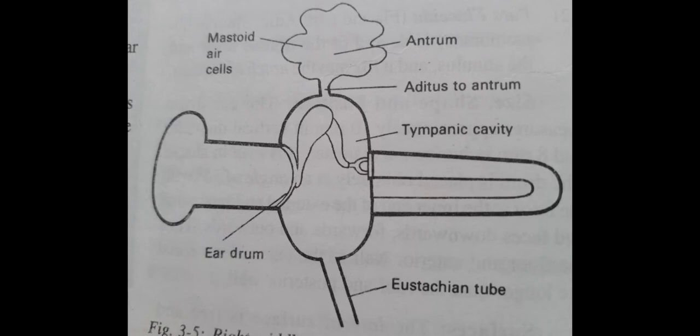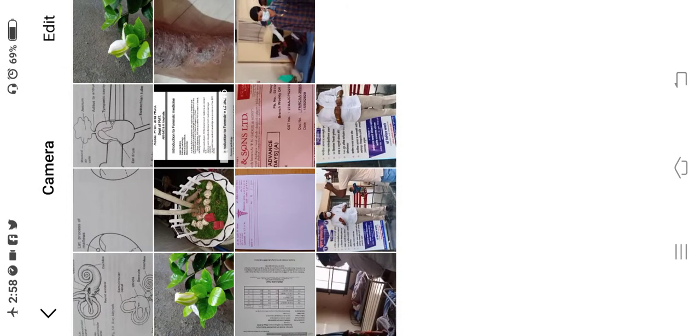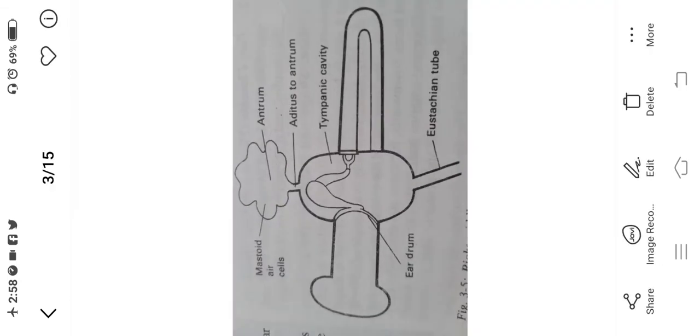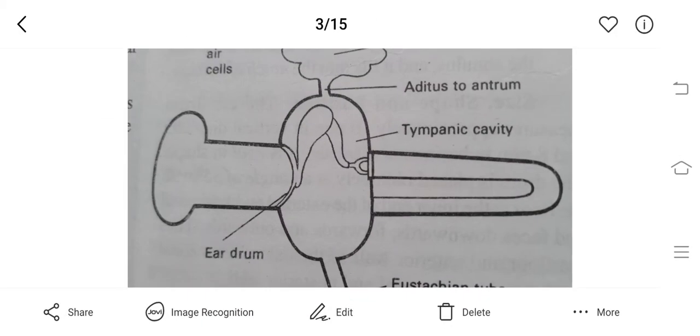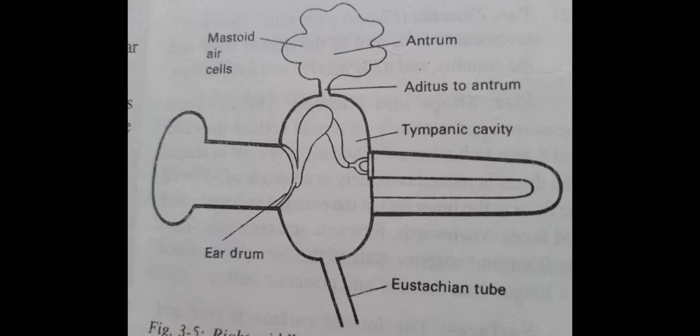So this middle ear cavity consists of the eustachian tube, then the tympanic cavity, and the mastoid, the mastoid antrum.